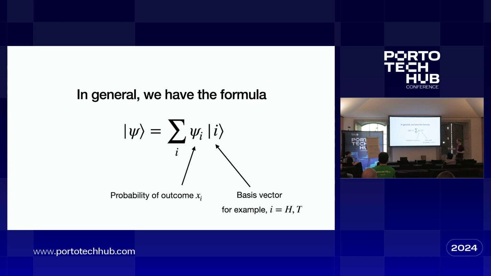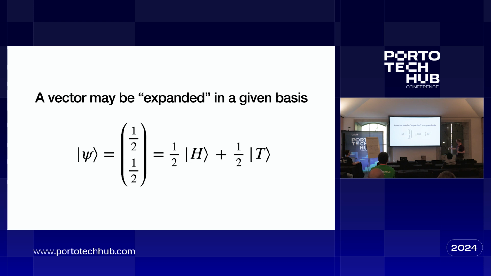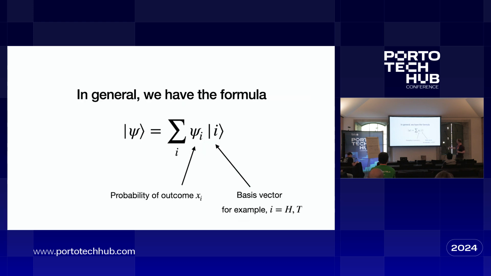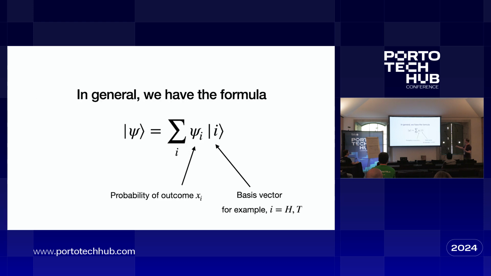Our basis vectors were these guys, heads and tails. I'm going to do something a bit more on that in a second. But look at that formula. Convince yourself that it is a generalization of what we just wrote here to an arbitrary vector space.